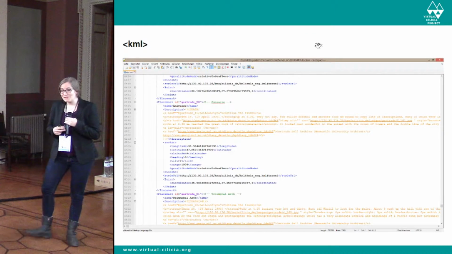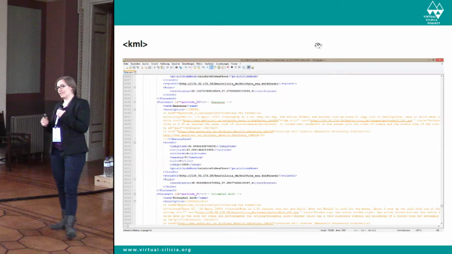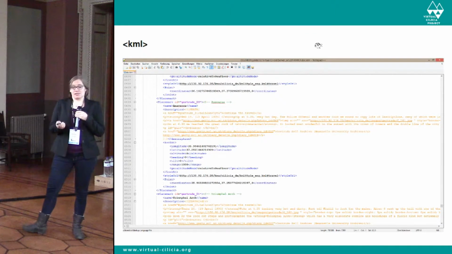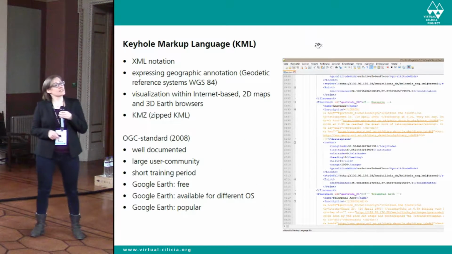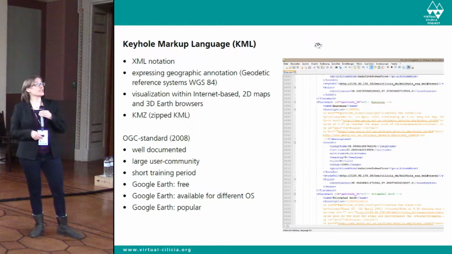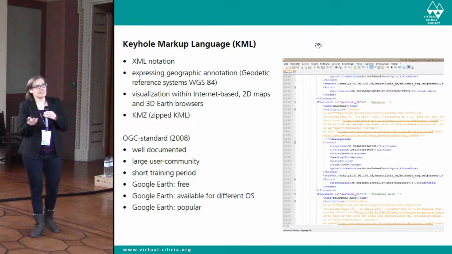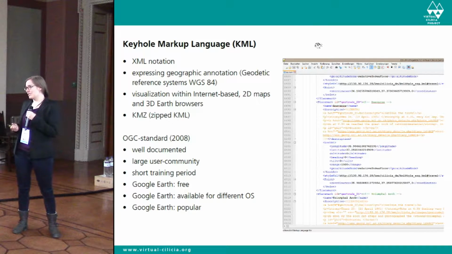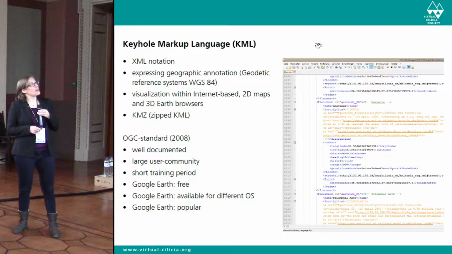And therefore, we found a solution to build all that in KML. That's the language Google Earth is using. It's an XML notation, basically for expressing geographic annotation and visualization within internet-based 2D maps and 3D Earth browsers.